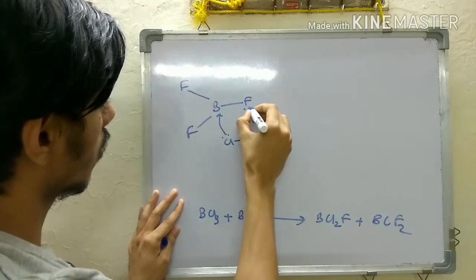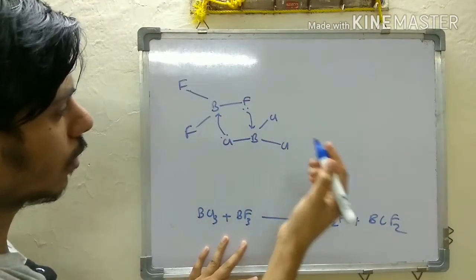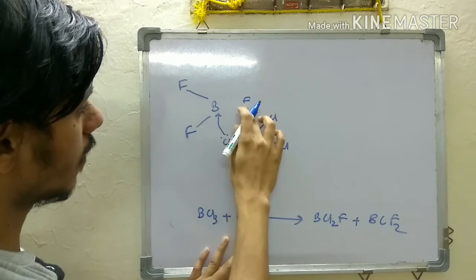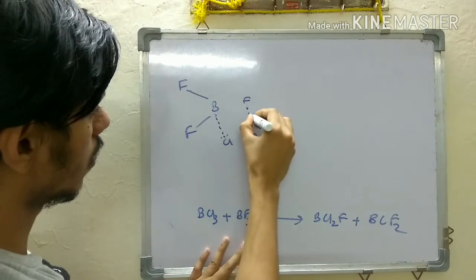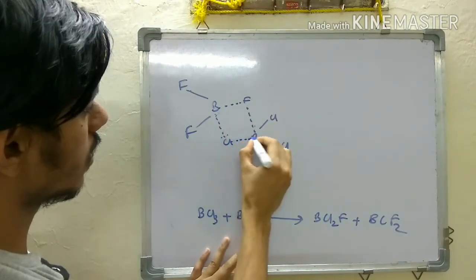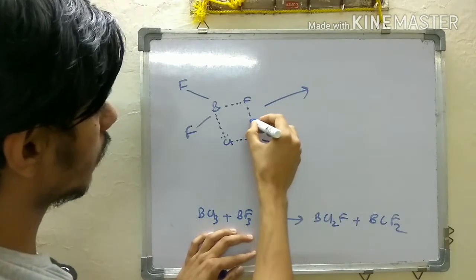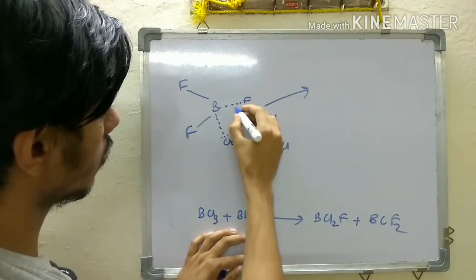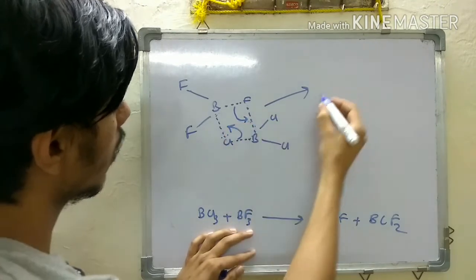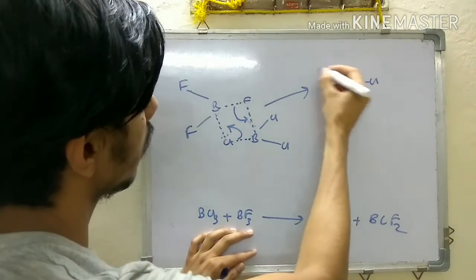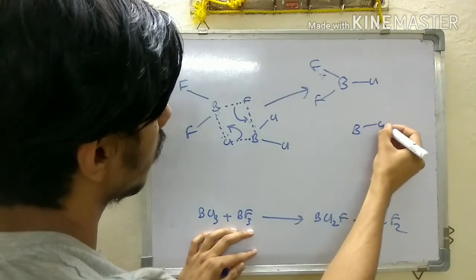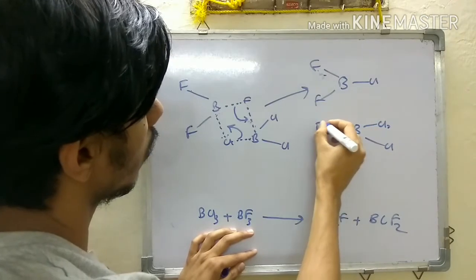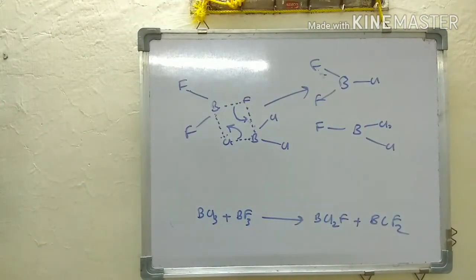Although true dimerization doesn't happen, a transition-state-like structure is postulated like this. But due to the steric hindrance they again collapse, so this will go here and this will go here, and you get your BClF2 and BCl2F, right? So this is the proposed mechanism of how you get this.